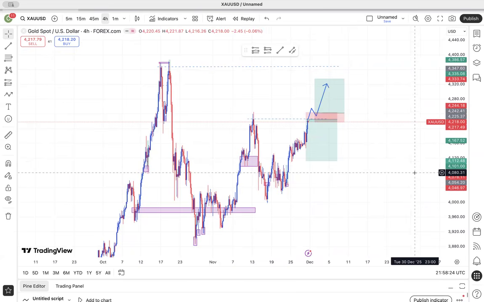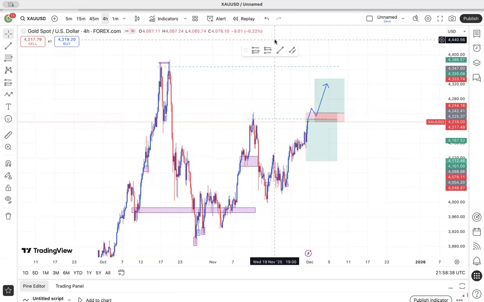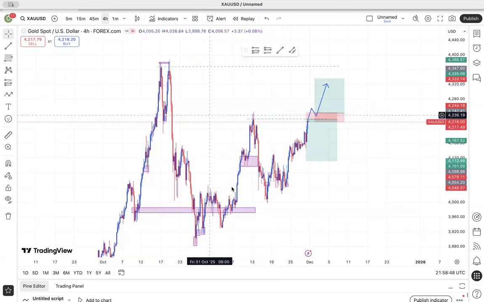But failure to push down price from the current area will result in it pushing up price and breaking above this high. Don't enter immediately, because you can have a situation where the market breaks and now begins to dump. But if it breaks and then retests back into this area, maybe one retest, second retest, you can then take the buy all the way, expecting the market to push up price to this high, and that's basically it.